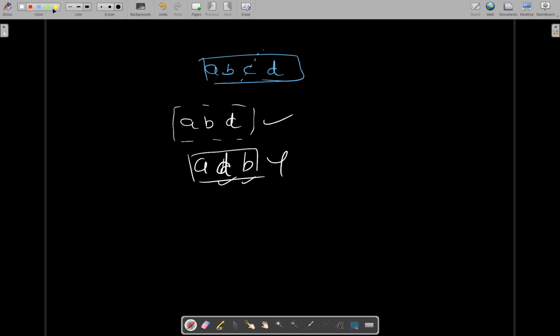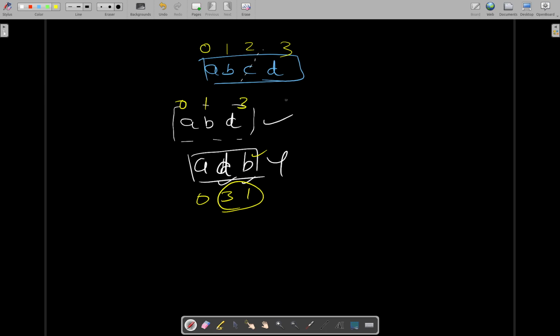If you mark the indices of these two, then you will see that the index of D is greater than B. So this one is not valid, but this was valid.